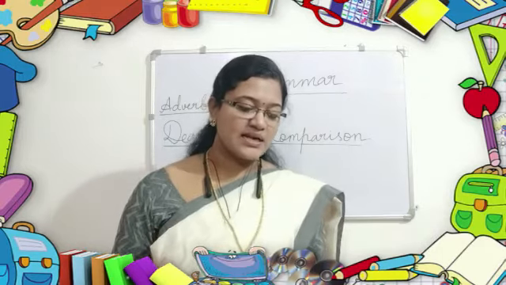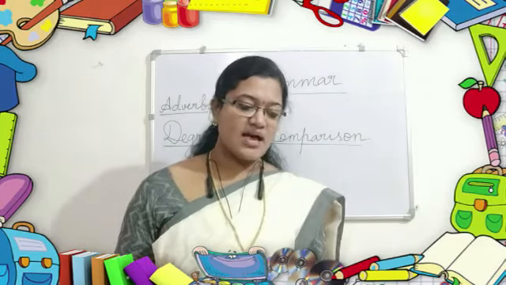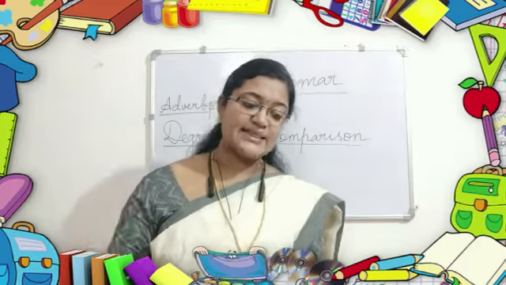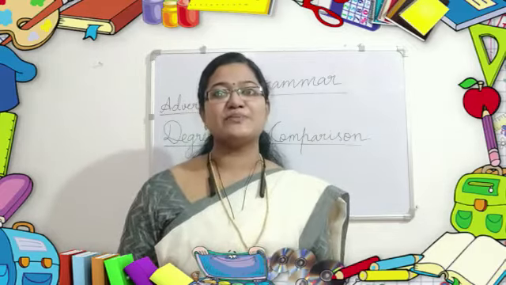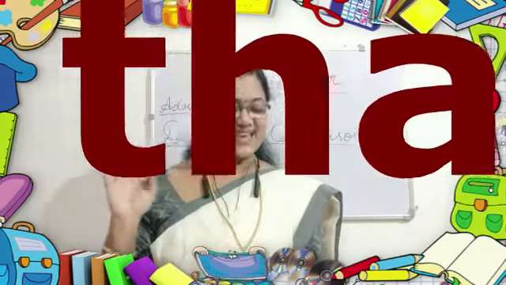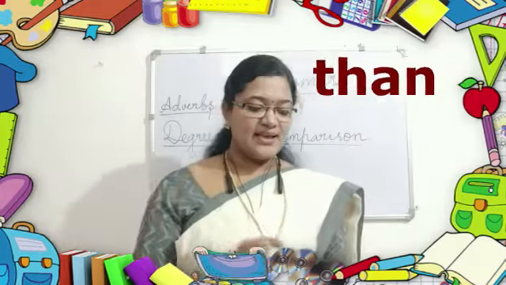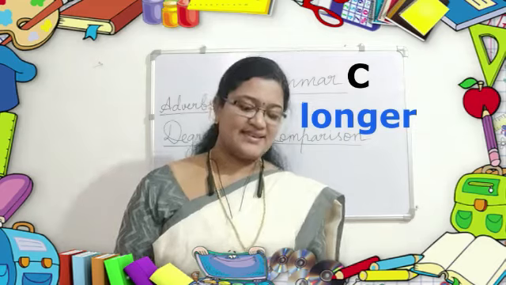Fourth one, They stayed longer at that place than they had planned. Very easily we have to say that this is comparative degree because the word than is there, T-H-A-N. Okay. Longer is the adverb. Which is the verb? Stayed is the verb. How did they stay?